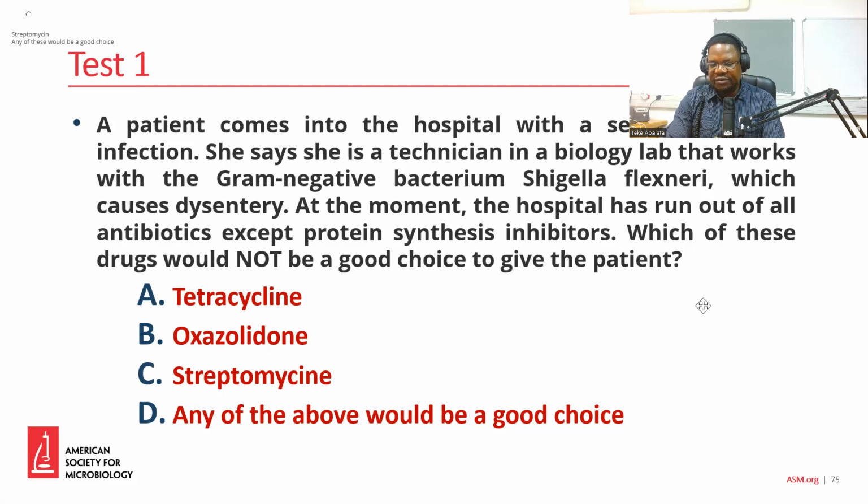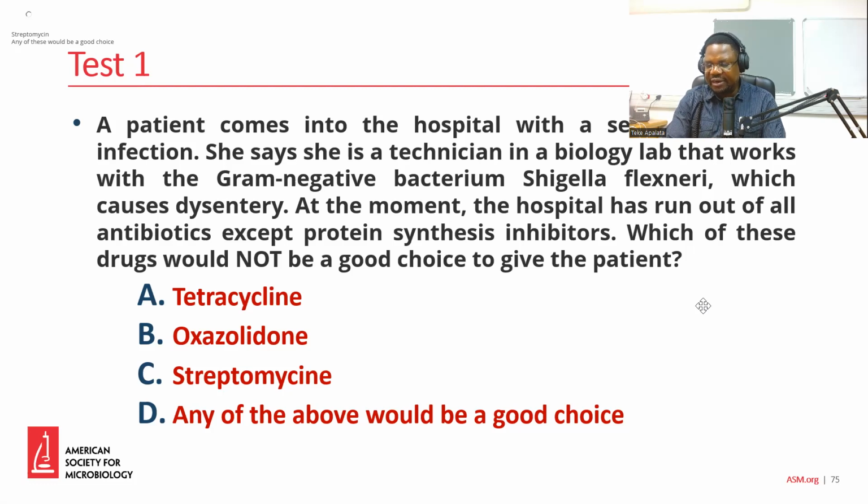Okay, so we can see that against gram-negative bacteria, your choice will not be oxazolidinone for Shigella flexneri, and streptomycin is also not really a good choice for this condition.